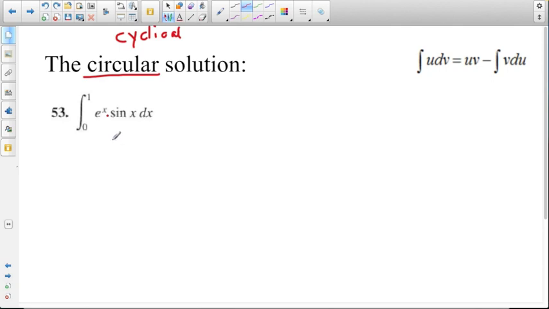They don't have powers that can be reduced or anything that can get simpler. It just stays within the realm of either sine or cosine and e to the x. So in this situation, we have to go through the process enough times to get back what we started with. That's the objective here.